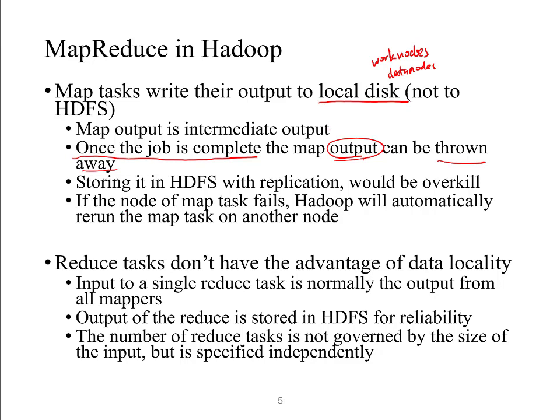In the case that the node of the map task fails, Hadoop will automatically rerun the map task on another node, especially because we have replications. Hadoop will, with high probability, find another data node that contains the same block and rerun the map task. This is the good thing about replication, where you can have this data locality.